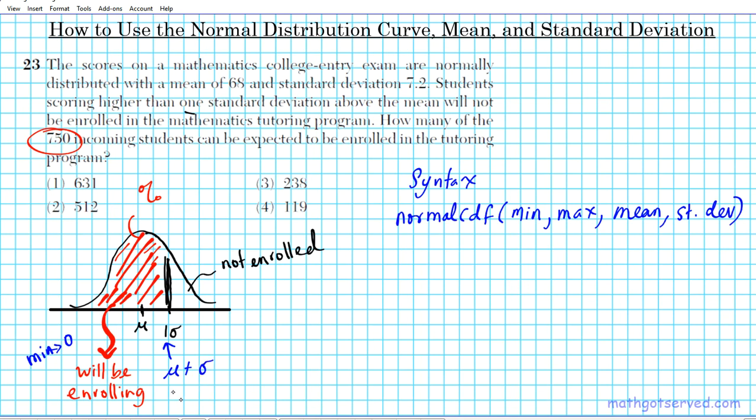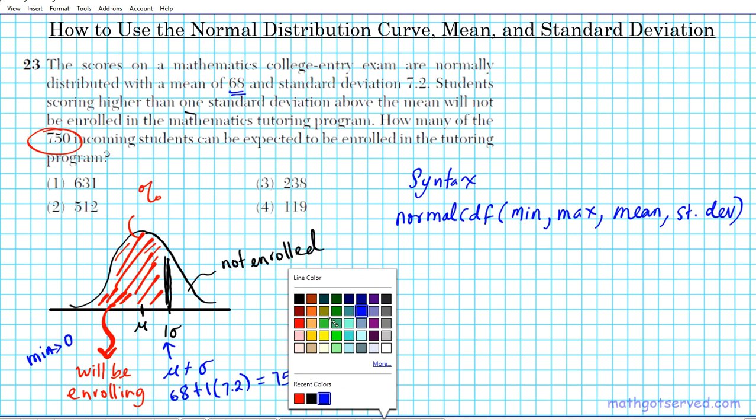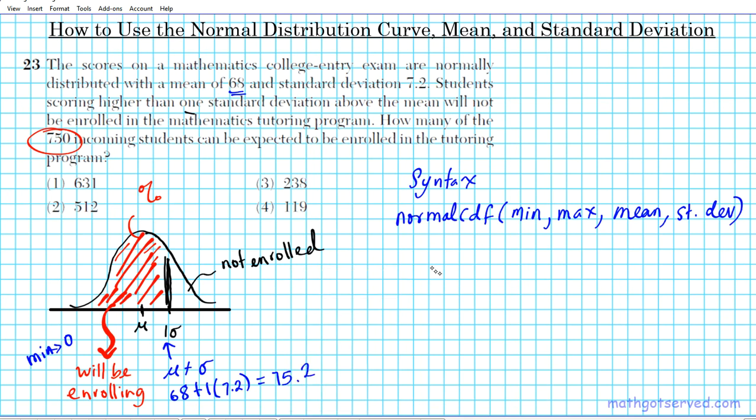So one standard deviation above the mean is basically going to be the mean plus one standard deviation. In this particular case, the mean is what? 68. So we're going to be adding 68 to one standard deviation, which is 1 times 7.2. If you add it up, you get 75.2. All right. Let's go ahead and list all the things we know.